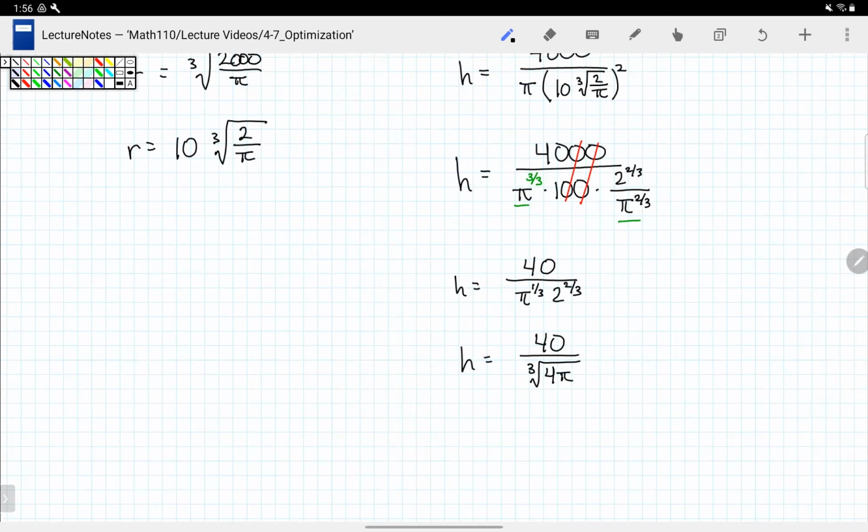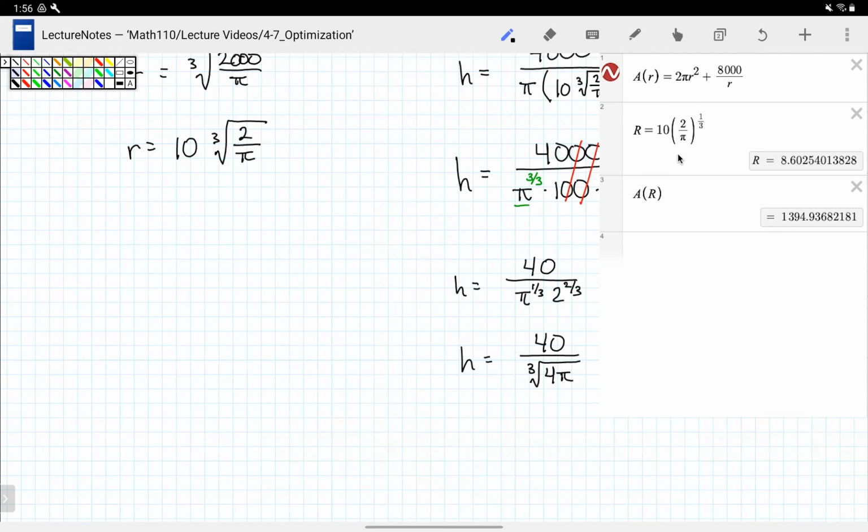And I'm going to go ahead and use a calculator or Desmos to look at this. My R was 10 times 2 over pi to the 1/3, and that is approximately 8.60.